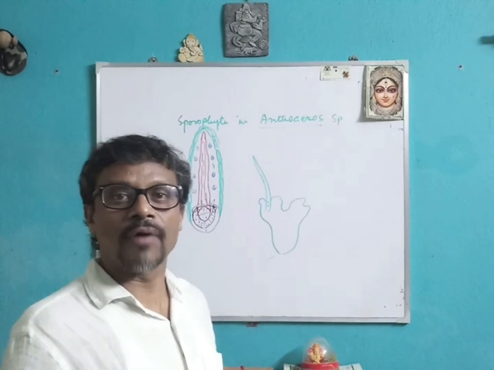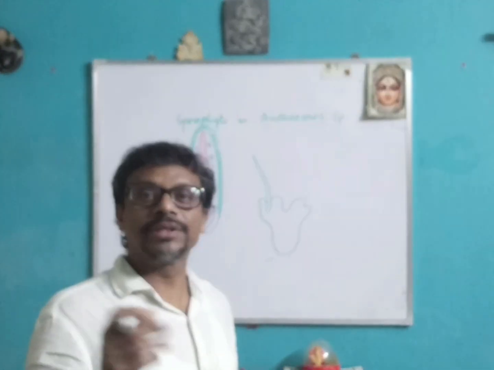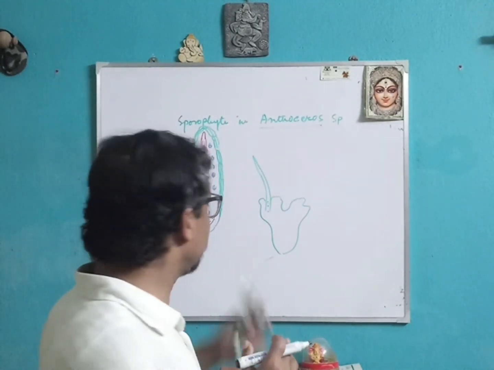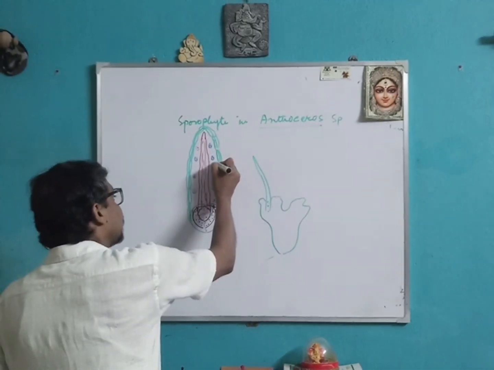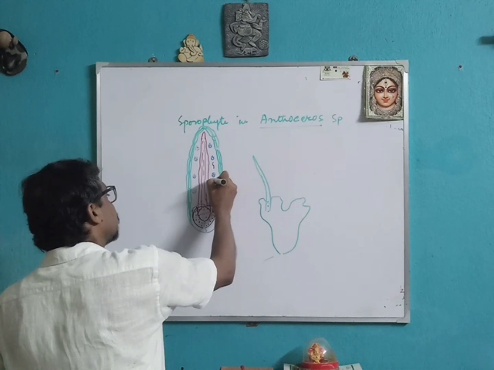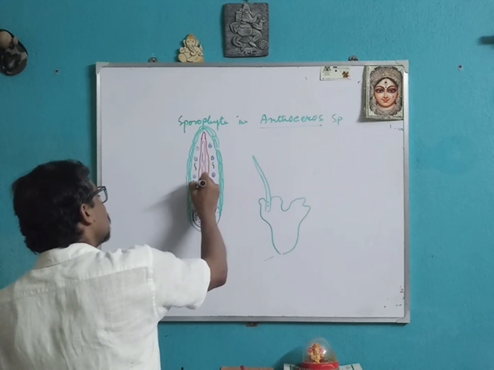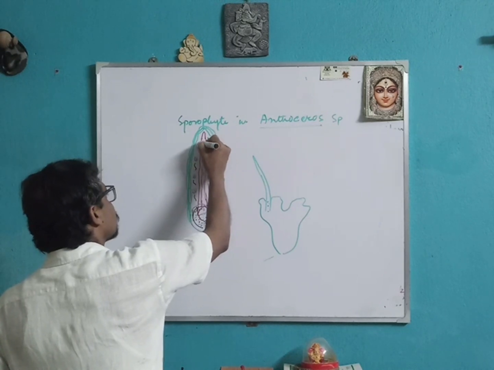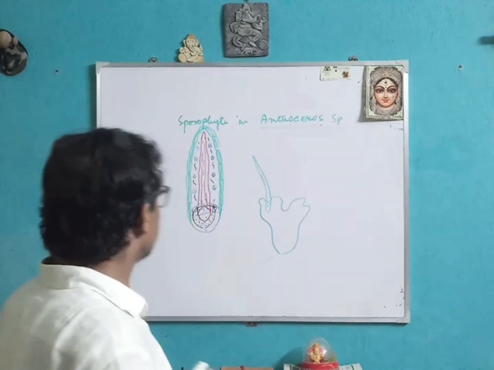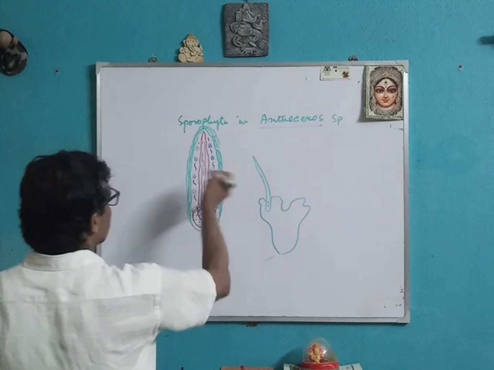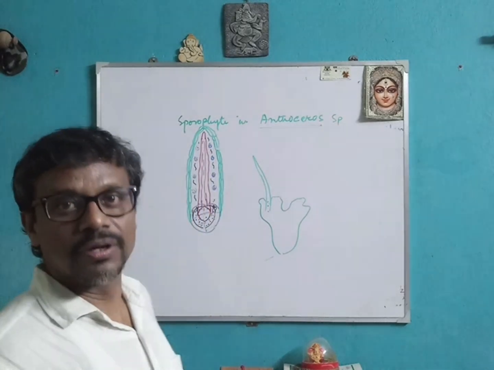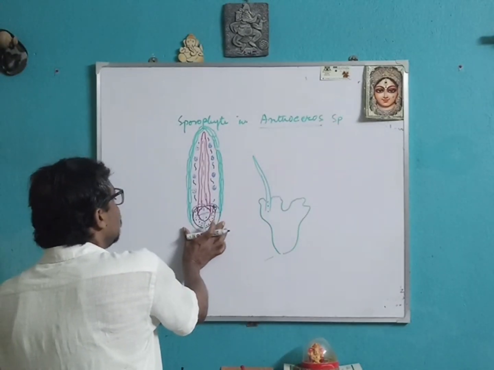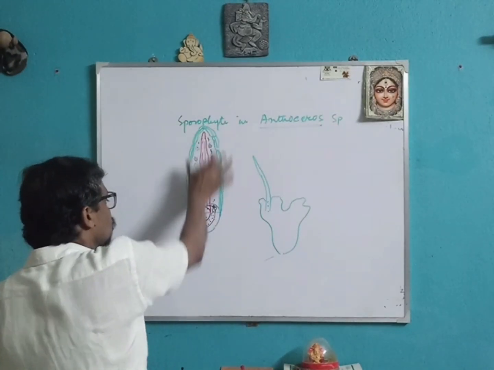Those elaters are associated with better dispersion of the spores from the capsule. Over here, these are elater-like structures, but not true elaters; they are called pseudo-elaters. They are also found associated with the spore tetrads. So such pseudo-elaters are also meant for better dispersion of the spores. Such an elongated structure is known as the capsule.